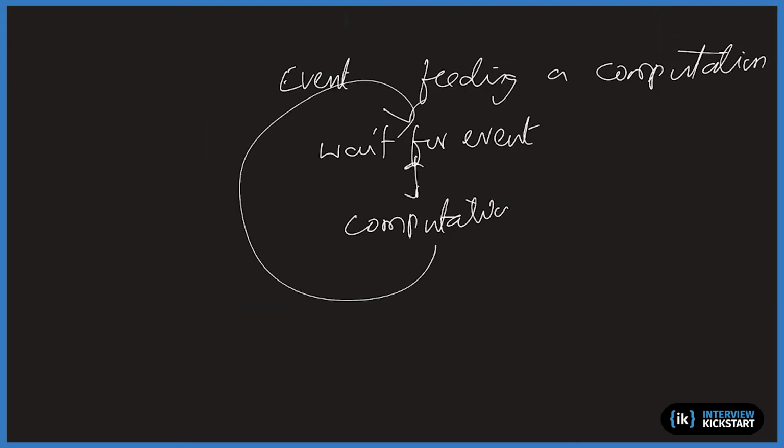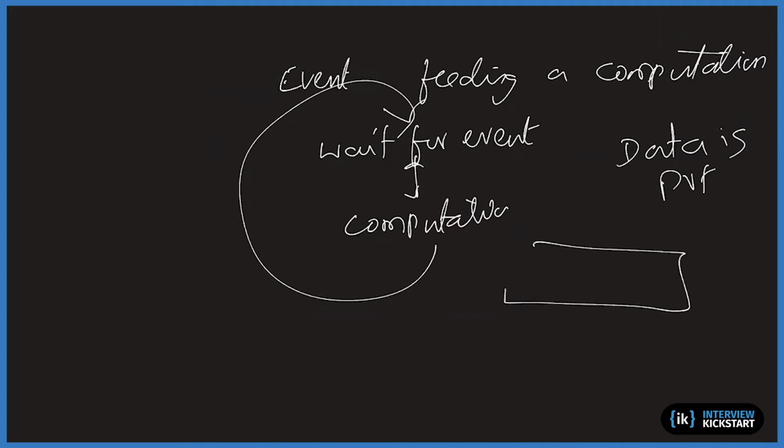Now, how can you avoid sharing data? That means all data is private. So what it means is that the event that you are getting could be a message that itself has all the necessary input data in order to make the computation.